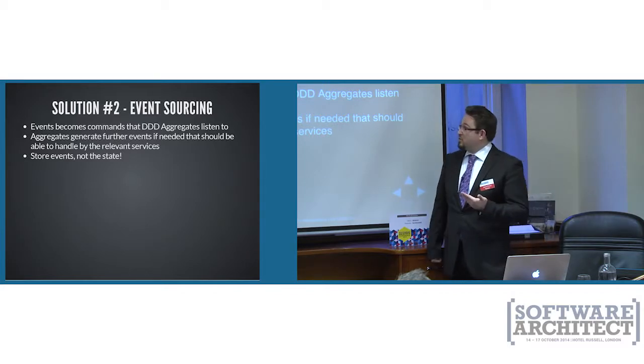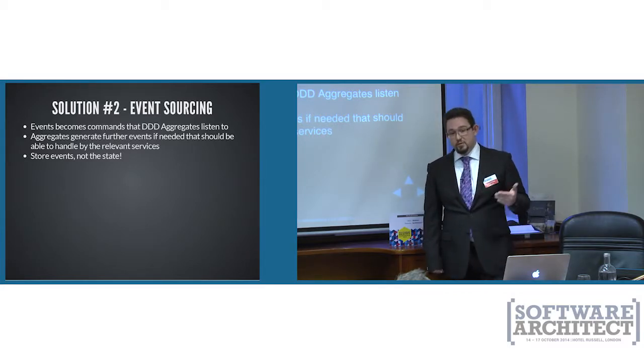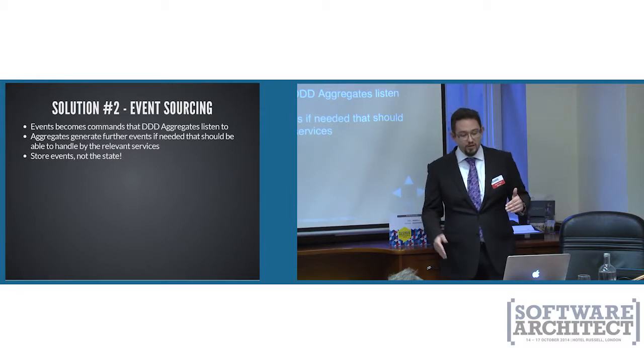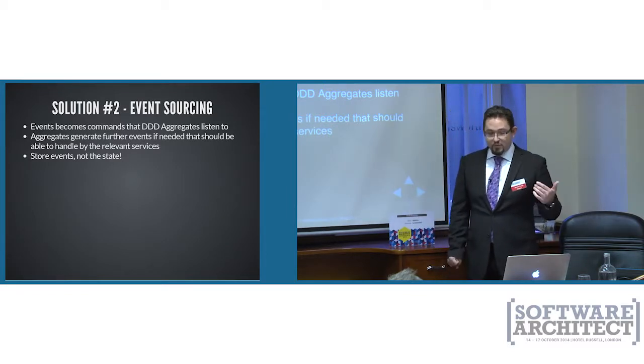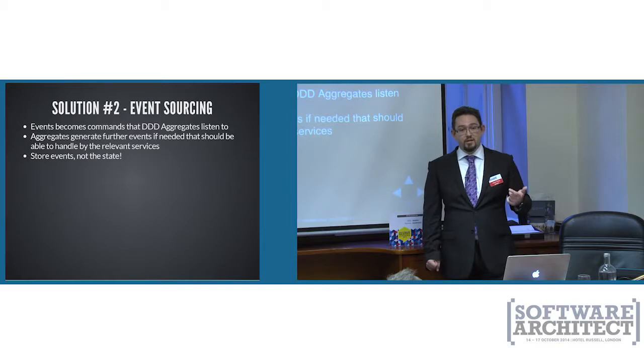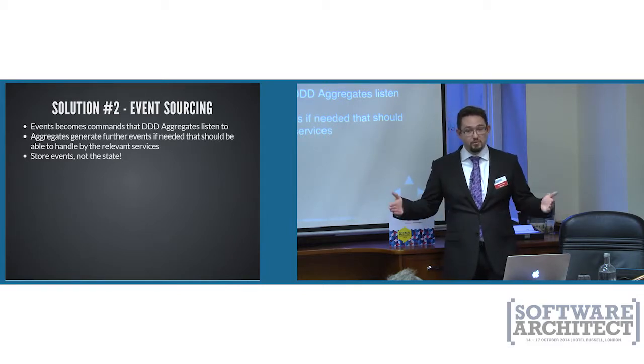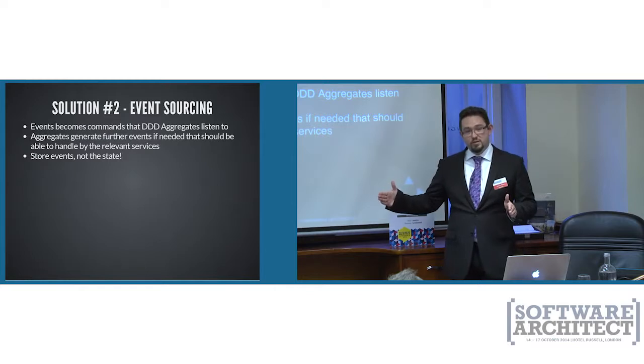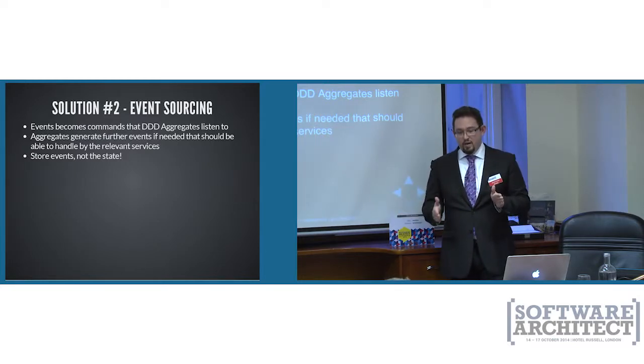And one solution could be event sourcing. So you don't persist the state of your entities, but the events which transform these entities. That means you can replay these over time. It's the same concept that SQL or traditional databases use when they do replication. So you store the events until a given point, and then you can replay them.